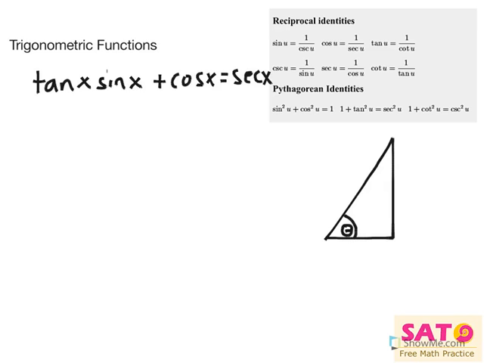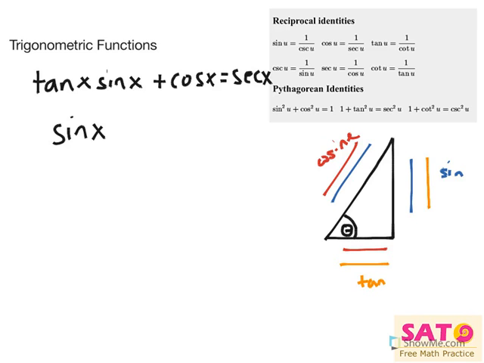It's called theta. Sine is opposite with hypotenuse. That's sine. Cosine is adjacent and hypotenuse. And tangent is opposite with adjacent. Now that we have that covered, we have to kind of know the identities of the trigonometric functions. And tangent can also be written as sine of x over cosine of x.